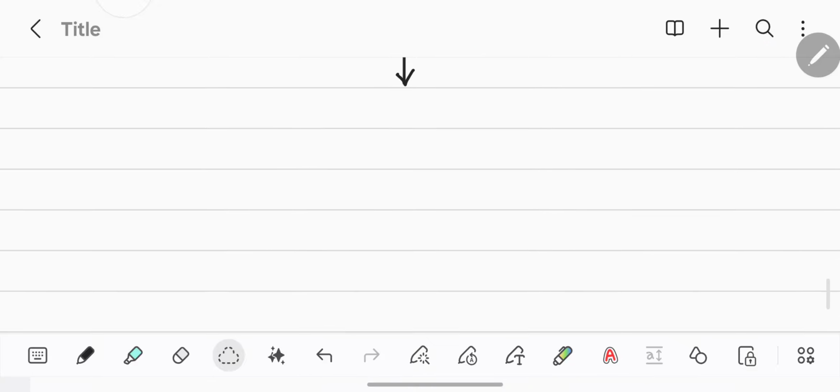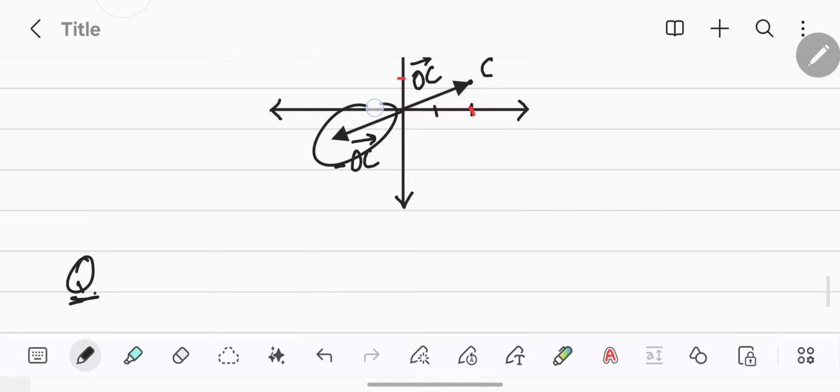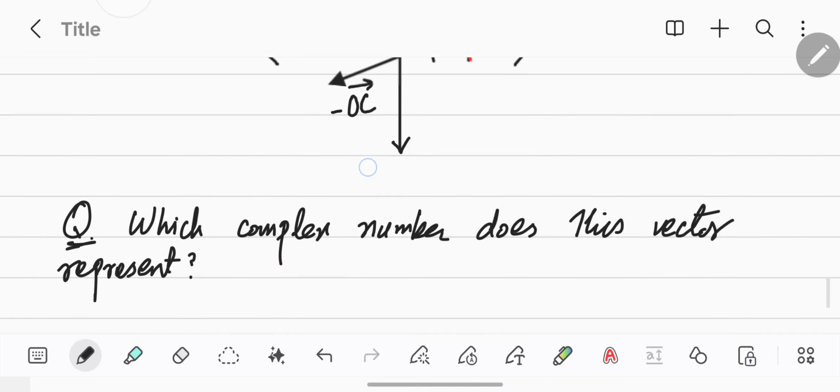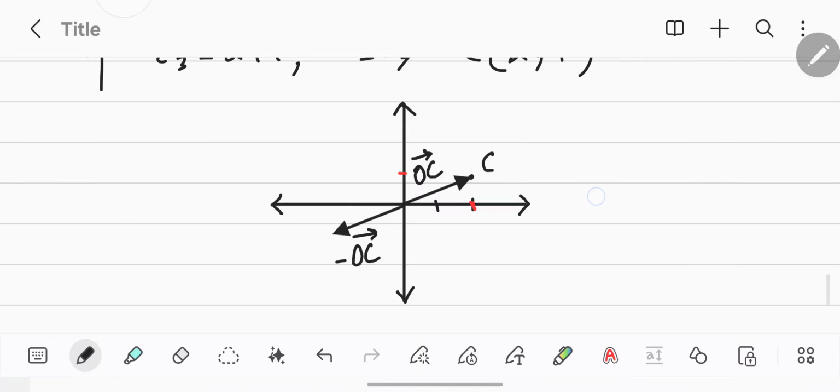Now the next question is, which complex number does this vector represent? This vector represents some complex number, so I will check which one.